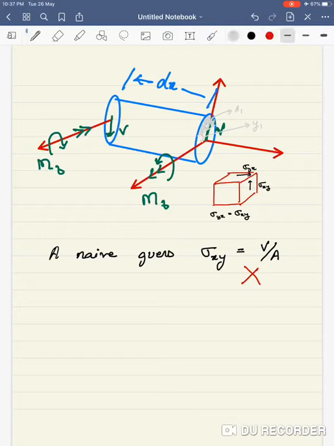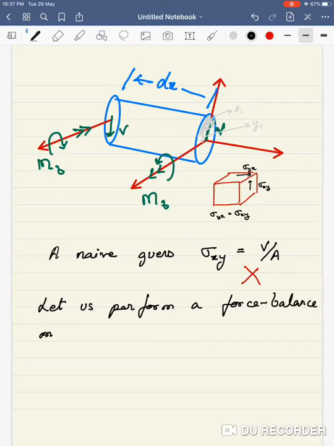So let us perform a force balance on this volume, and the only force balance that is interesting enough to perform is summation Fx.